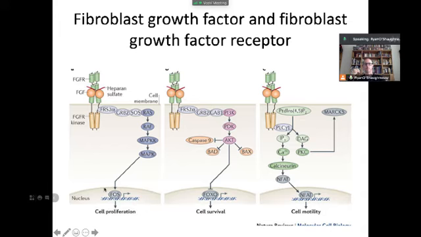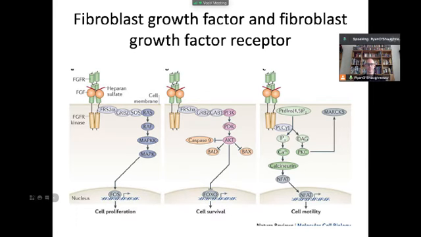They control cell proliferation through, and we've discussed this before, the RAS pathway, and through mitogen-activated kinases, we can induce cell proliferation. Cell survival is induced through a different kinase pathway, the so-called AKT pathway, and cell motility is typically controlled through a secondary messenger system, through calcium and the roles of calcium in the body.